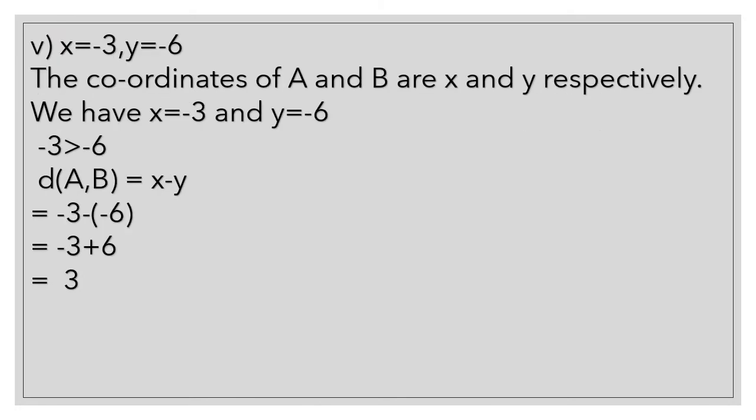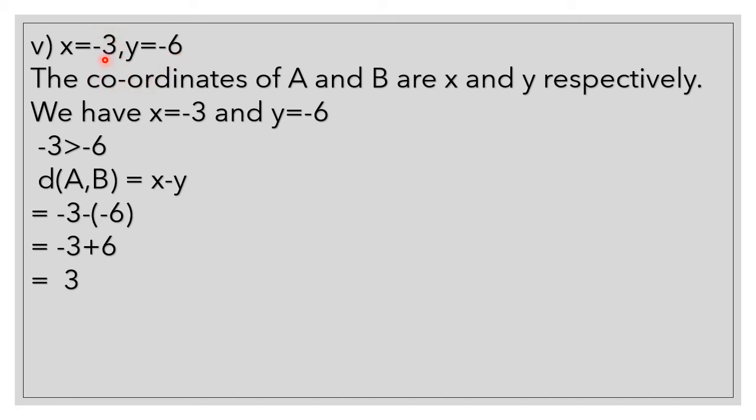Here again we have to find out the distance between the point A and B, where the coordinate of point A is given as x and that of B is given as y. And here the values of x and y are given to us. Value of x is minus 3 and that of y is minus 6. As we know, whenever we are finding out the distance between any two points, at that time we are just deciding which one is smaller and which one is greater between these 2 points.